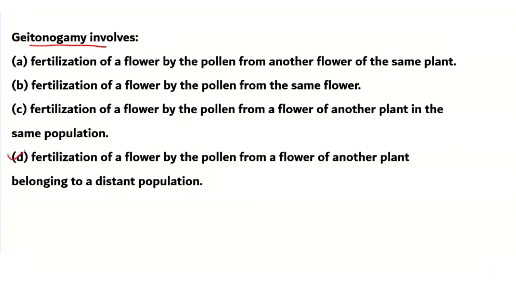Now options D and C are incorrect because here it says fertilization of a flower by the pollen from a flower of another plant. So whether that plant is in the same population or belonging to a distant population, it undergoes xenogamy.